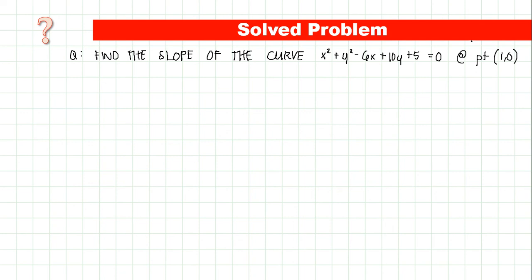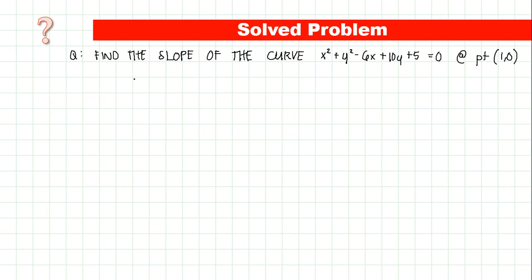So in this case, we are trying to find the slope of this curve at point 1 and 0. So what the problem implies is that we are getting the derivative of this curve and then substitute the points 1 and 0. So this is a past board exam question for electronics engineering.